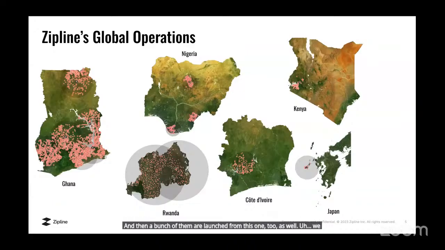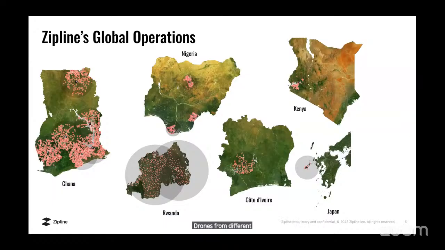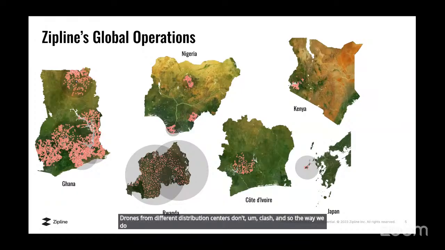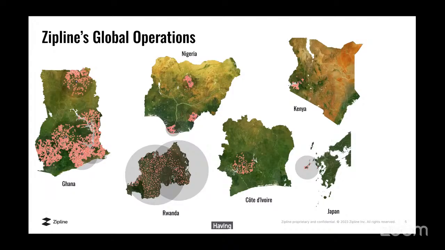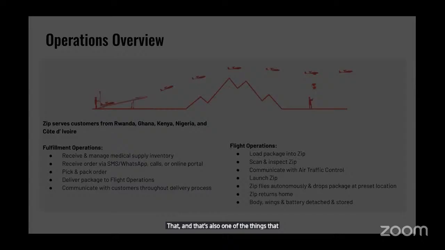We need to find a way to make sure that drones from different distribution centers don't clash. The way we do that is by having a keeping zone. Each of these circles can be a keeping, and that would prevent a drone from here from getting out of that. And that's also one of the things that GIS does.